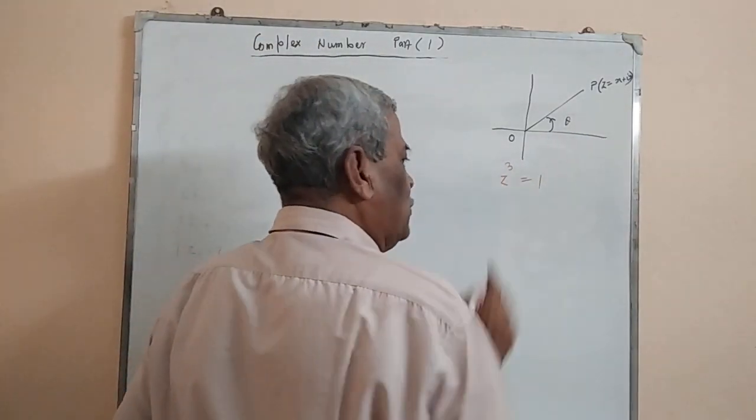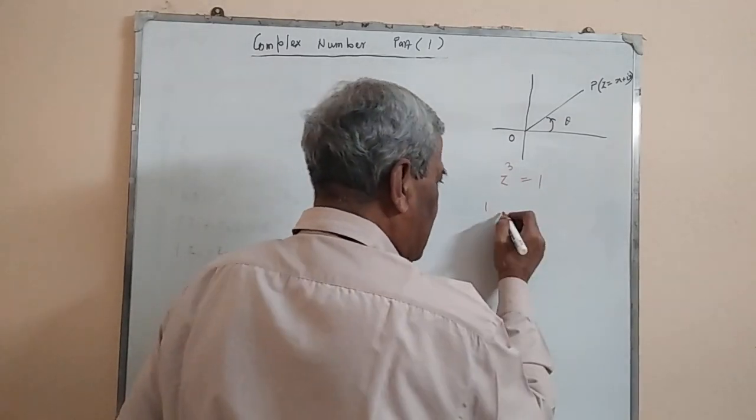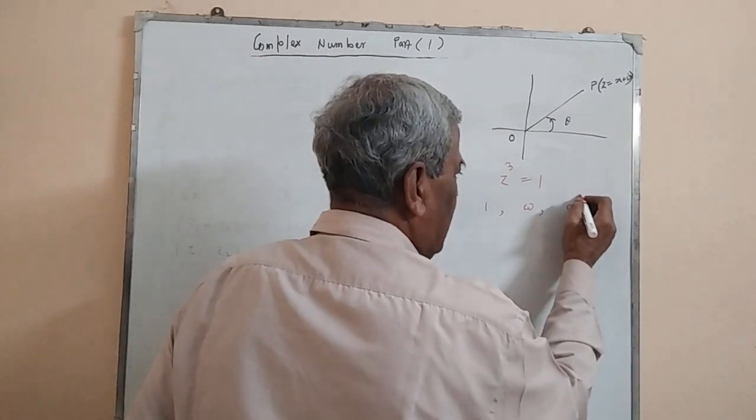It has three roots. Number 1, z is equal to 1, which is real, then z is equal to omega, and thirdly z is omega square.